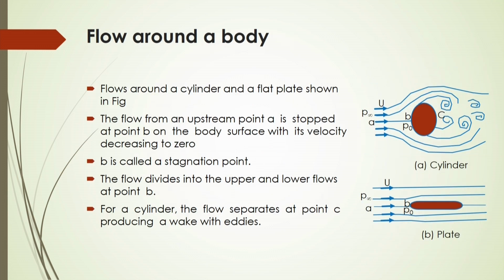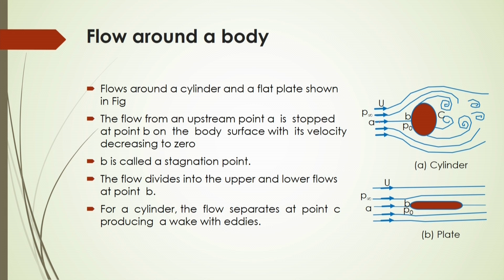So, in that case we can say that for flow around a cylinder and a flat plate, as shown in the figure here in the slides, the flow comes from an upstream point A and is stopped at point B, as shown in the figure.